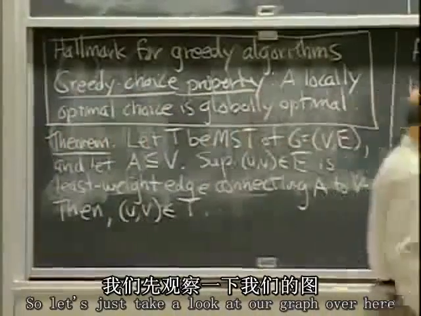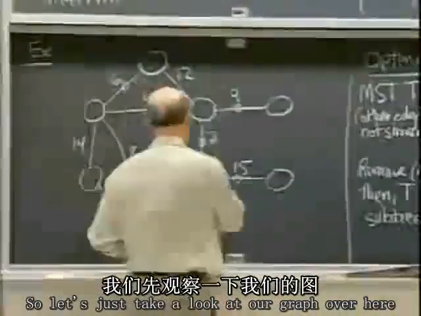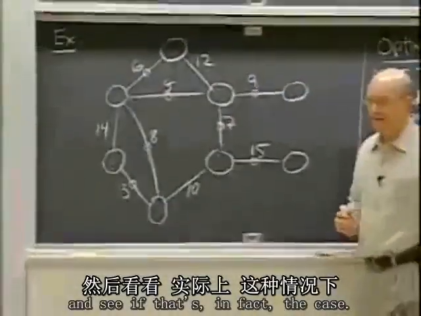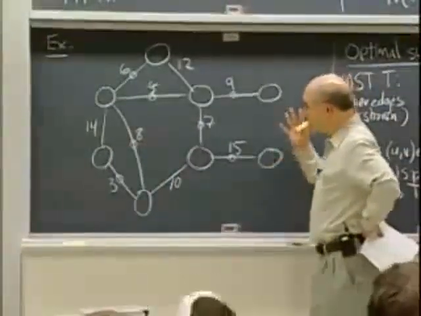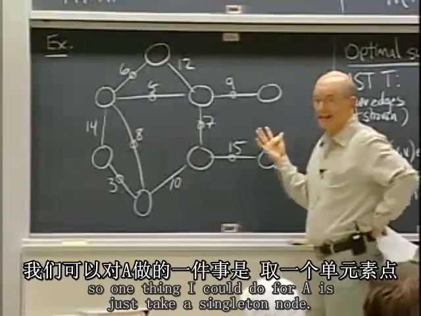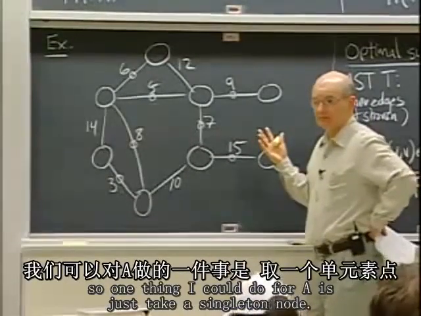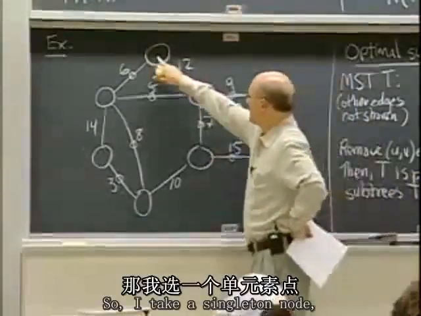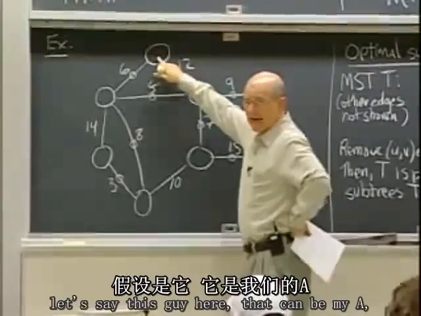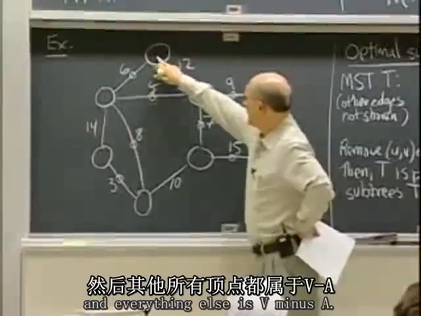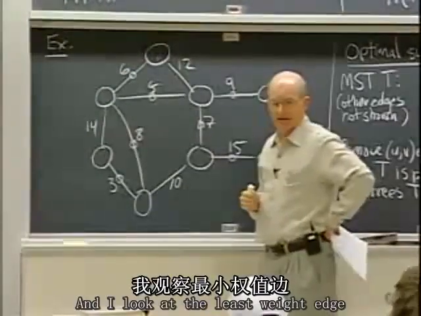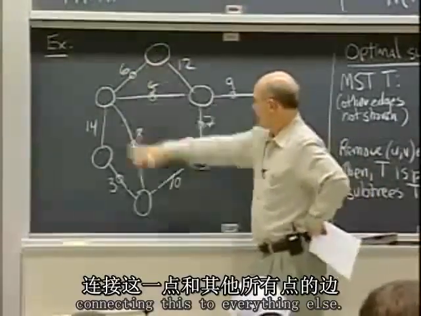So let's just take a look at our graph over here and see if that's in fact the case. One thing I could do for A is just take a singleton node. So I take a singleton node, let's say this guy here, that can be my A, and everything else is V minus A. And I look at the least weight edge connecting this to everything else.